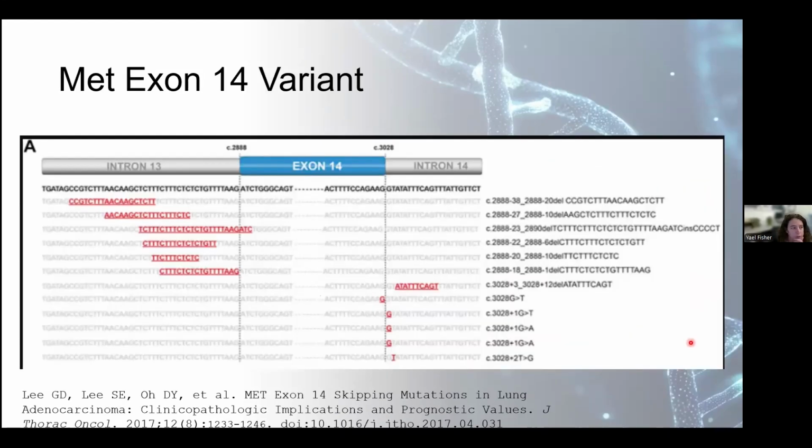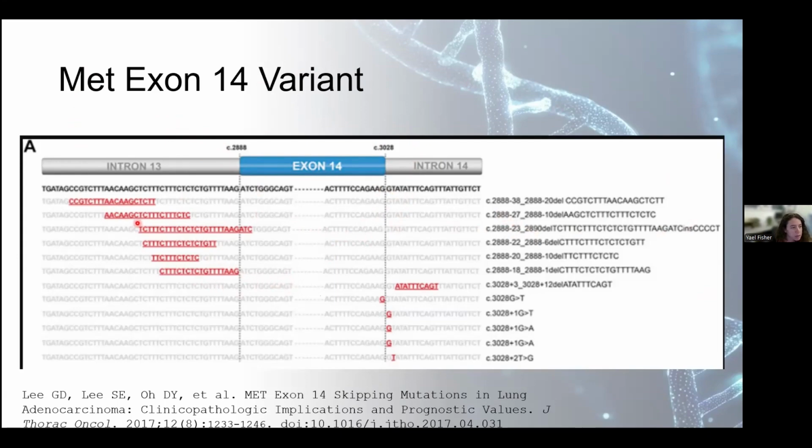Now, a good example of a splice site variant is the MET exon 14 skipping mutation. In this case, different mutations around exon 14 of MET can cause this variant. What we see in the DNA are the variants themselves.